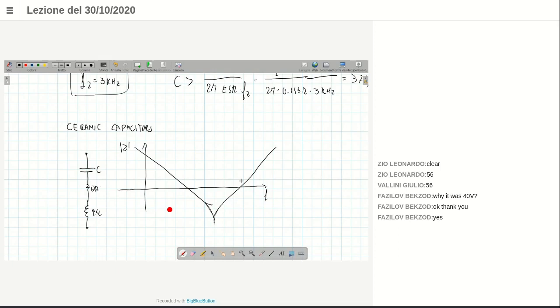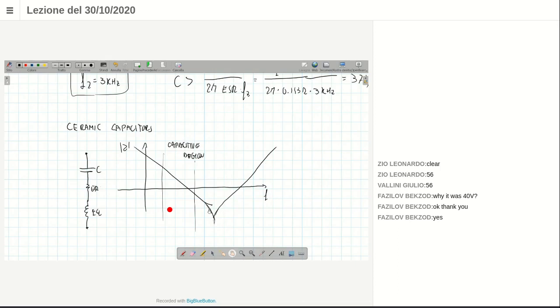Actually, we do not have this zero. We have two complex poles. And in the frequencies of interest for switching mode power converters, we are still in the capacitive region.